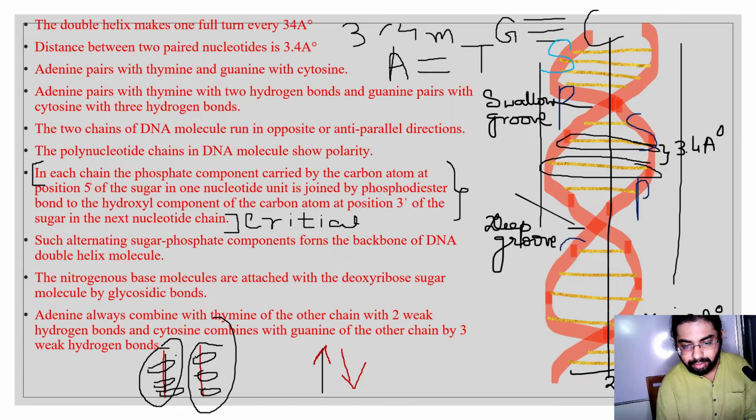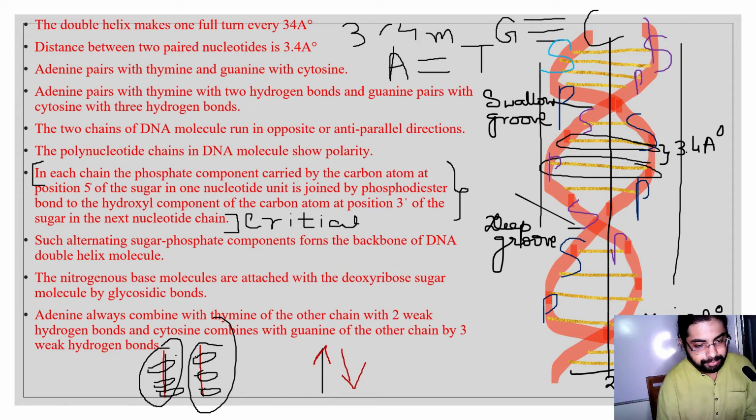Again this will be sugar, this will be phosphate. Sugar, phosphate. It runs along the chain. Also in this chain, sugar, phosphate, sugar, phosphate. You see in every chain alternating sugar phosphate components are there, and that forms the backbone of the DNA double helix model.